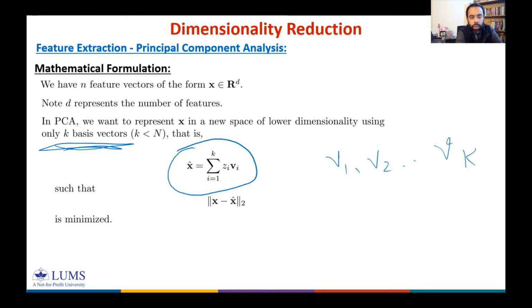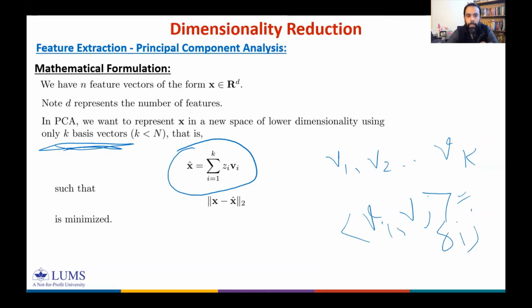So now I want to represent my signal as a linear combination of these k vectors. And the good thing about these k vectors is they are orthogonal, right? Orthogonal means that if you take an inner product of vi and vj, you get 1 when i is equal to j, or 0 otherwise, right? Kronecker delta ij.